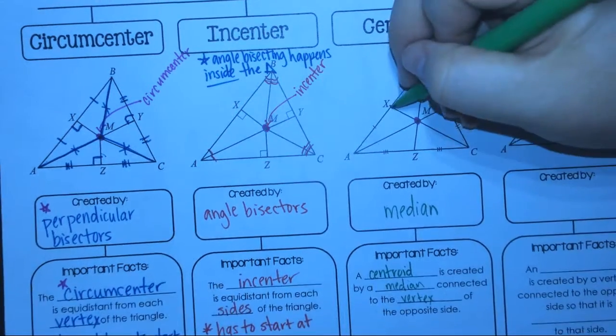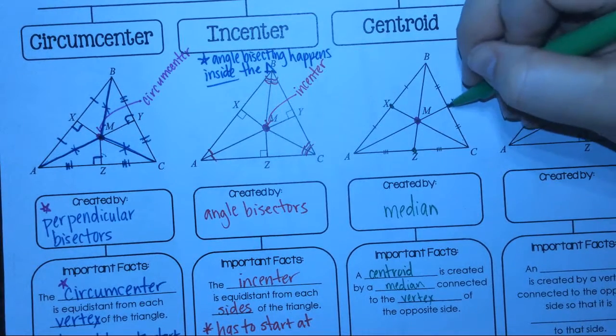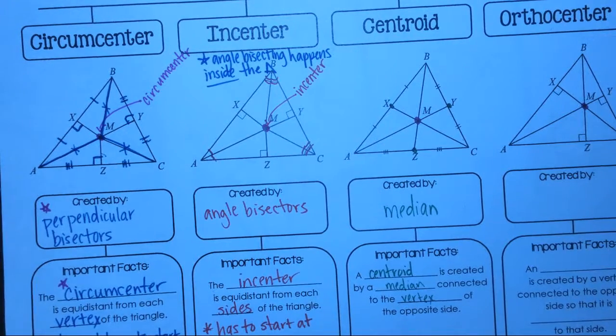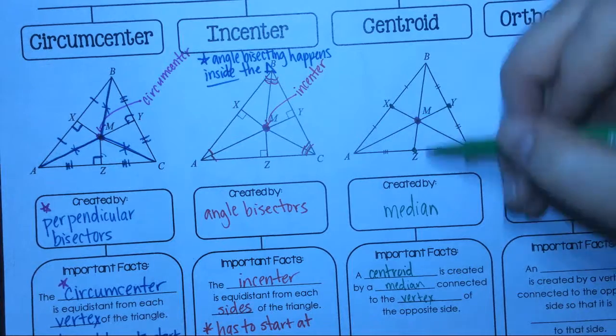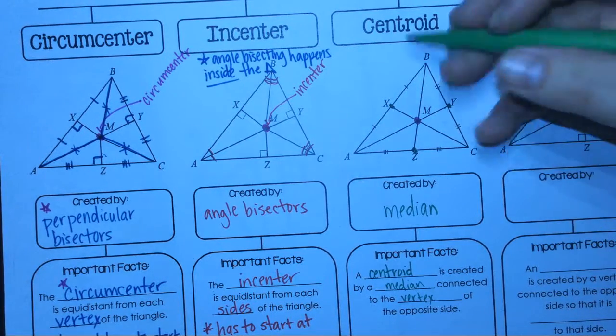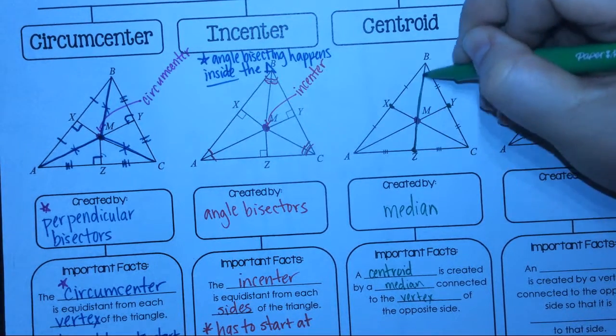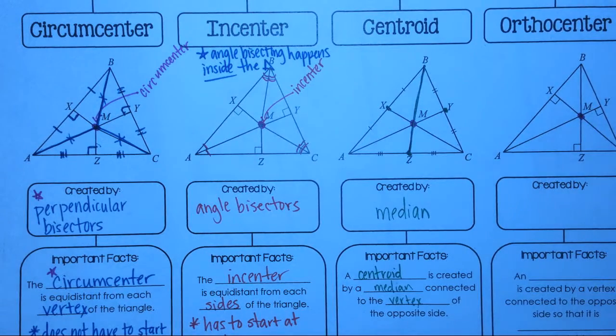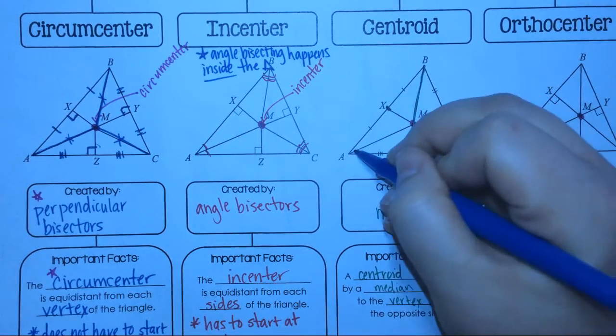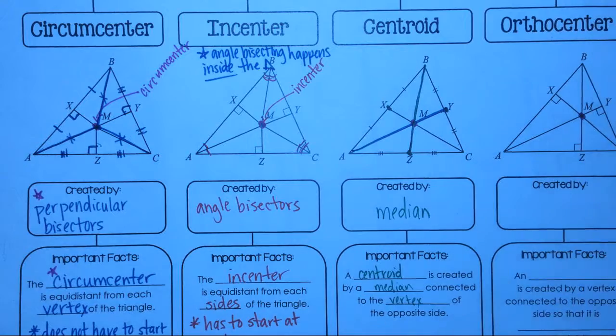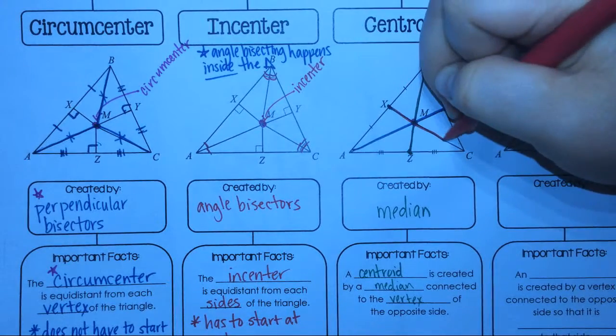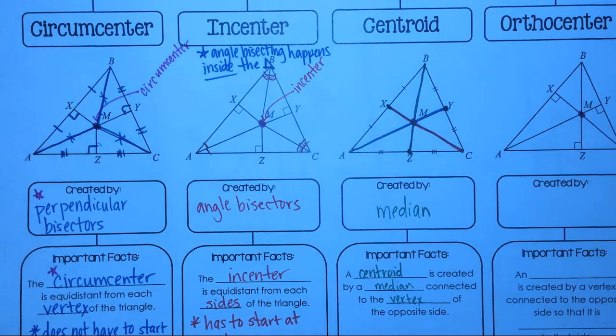Notice that the median, look at point X, Y, and Z, they're happening in the middle of each of these sides. So we're going from the middle to the opposite sides of vertex. Those are medians. So they're easy to spot.